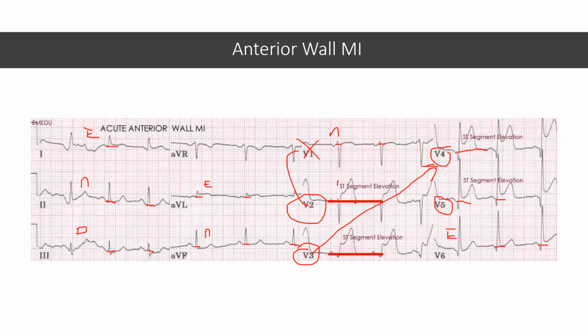We could not diagnose a lateral wall MI also because the partner of V5 is V6. This is elevated, but it's not 2 millimeters. And over here, this is 0.5 millimeter, and therefore it's not significant. So we have an anterior wall MI. Questions?